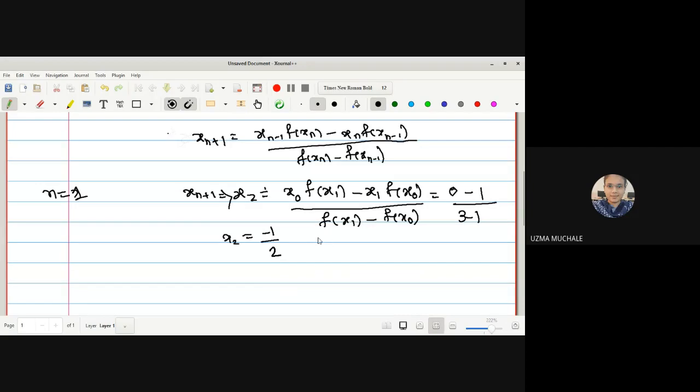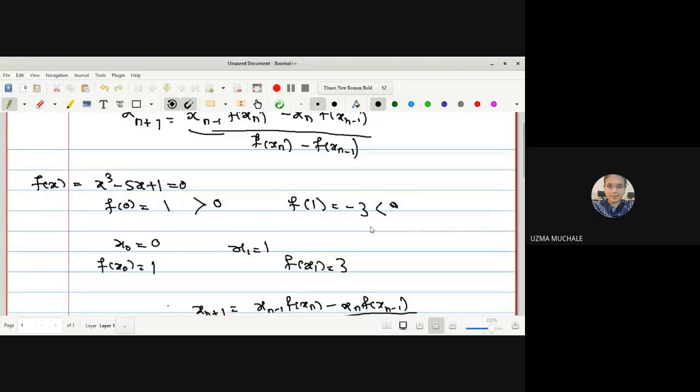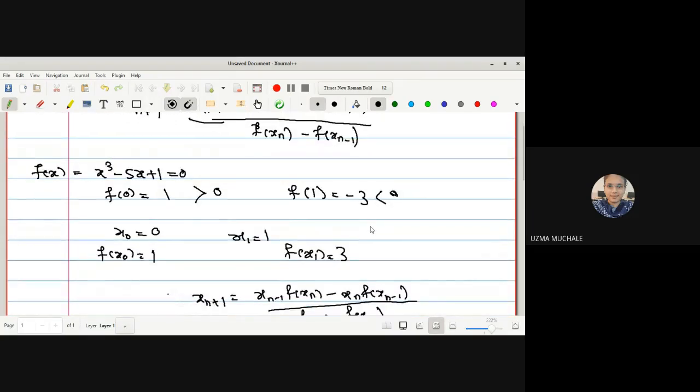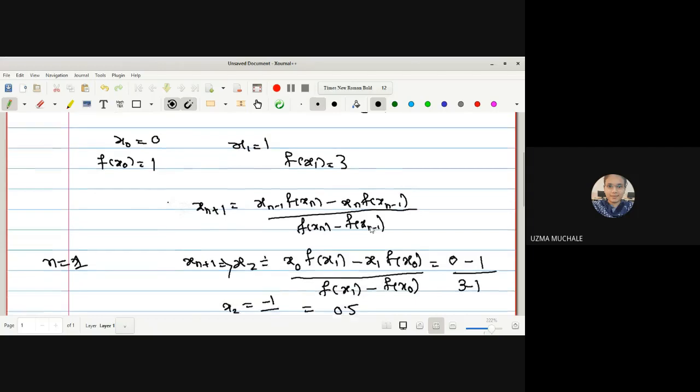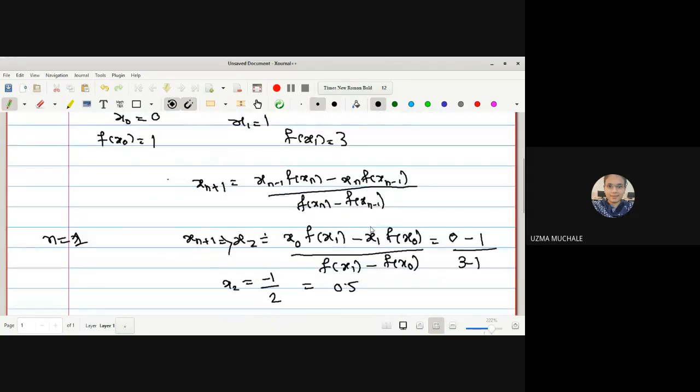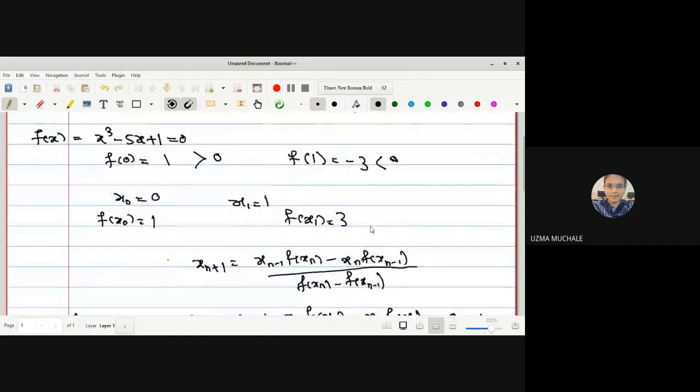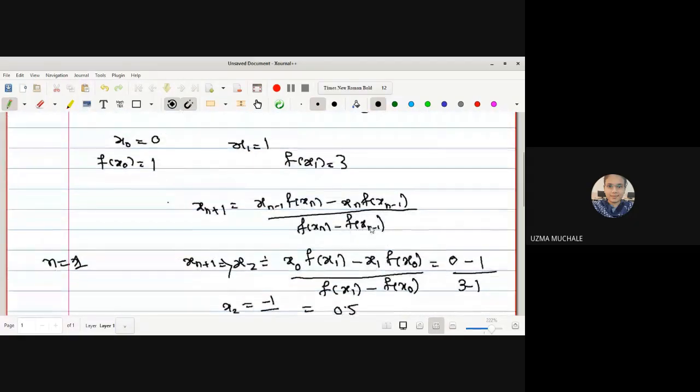So what will be the value of x2? It is equal to 0.5. x0 is given to us as 0, so the first term is 0, minus x1, that is 1, times f(x0), which is 1, divided by the difference of the function values.